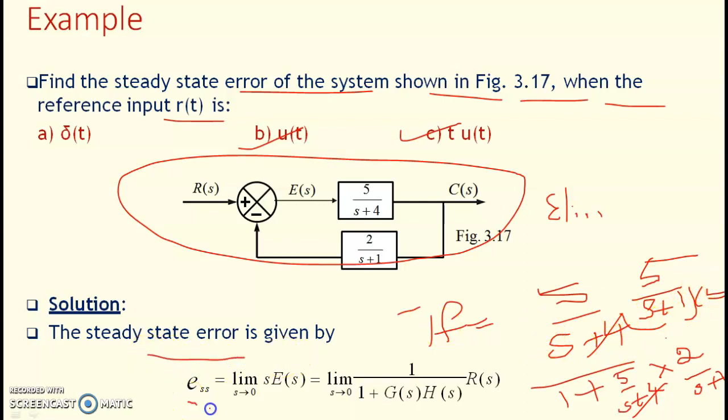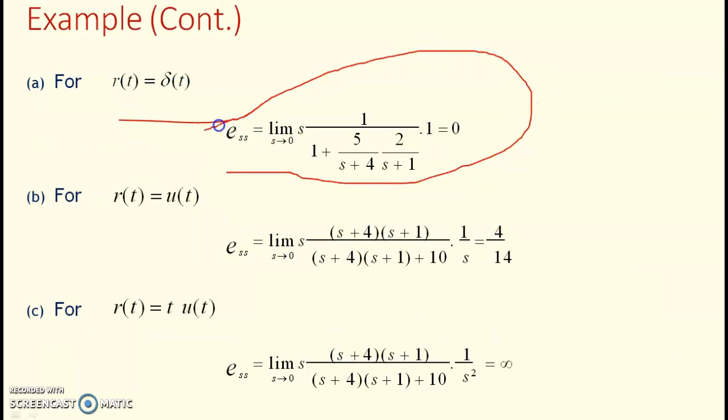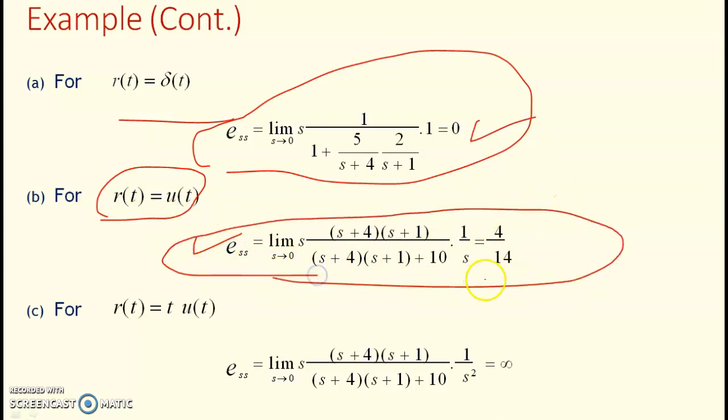To find the steady state error, we know that for ramp input, the steady state error is given by limit s tends to 0 of s into E of s. E of s is nothing but this transfer function. So using this transfer function, you have to find the values for R of t. The steady state error for ramp input, you will get 0. Then the steady state error for the unit step input is given by s into the corresponding equation.